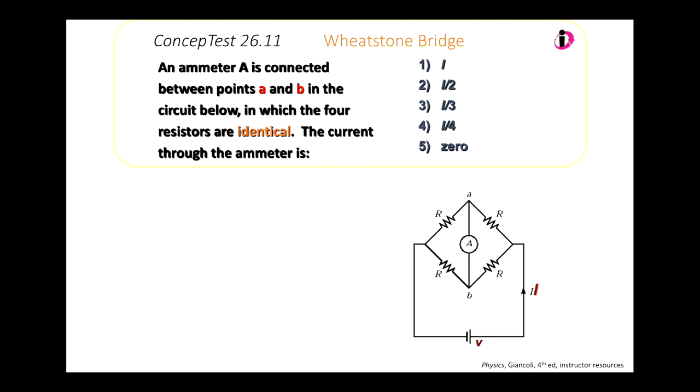I think you're probably arriving at the answer that you did on the last slide, which would be nothing's going to happen through that center branch. Why? Again, the resistors are equal. You can imagine there's the same potential drop across each of the resistors. So maybe this is minus V sub R, and this is minus V sub R, which leaves A and B at the exact same potential.